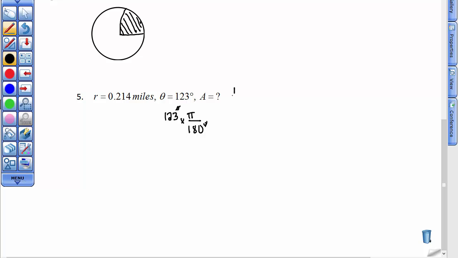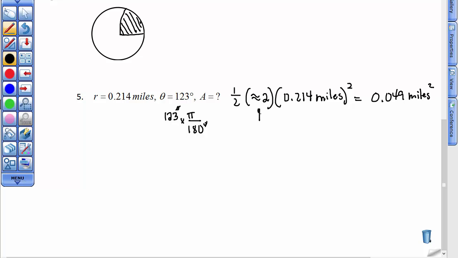So when you take half of theta, which is approximately 2, times the radius of 0.214 miles squared, I got an answer of 0.049 square miles.